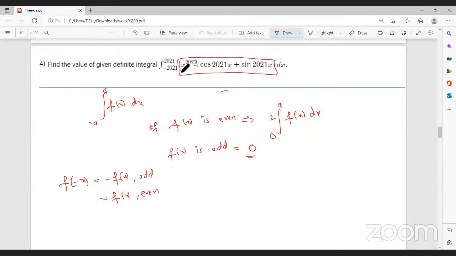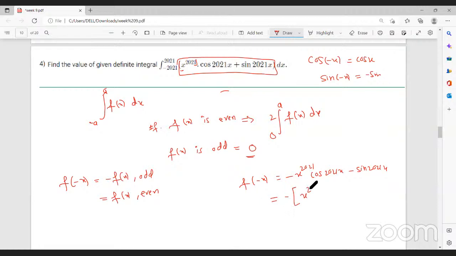Cos of minus x will be cos x only, and sine of minus x will be minus sin x. So f of minus x will become minus x to the power 2021 cos of 2021 x minus sine of 2021 x. Now I can take the minus sign common.